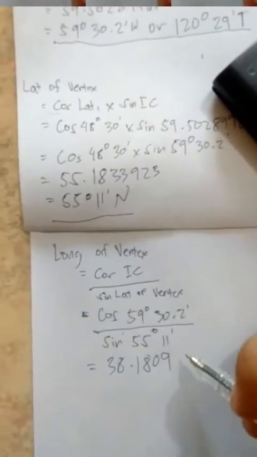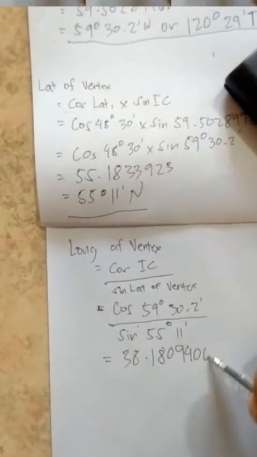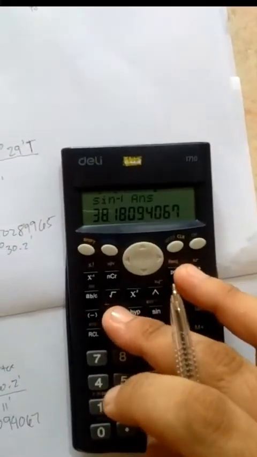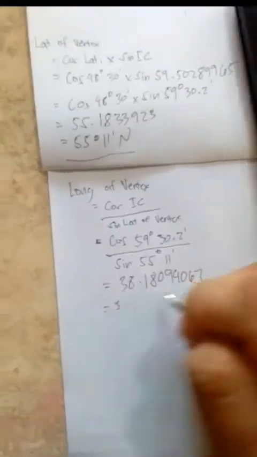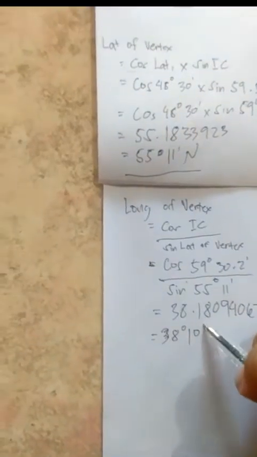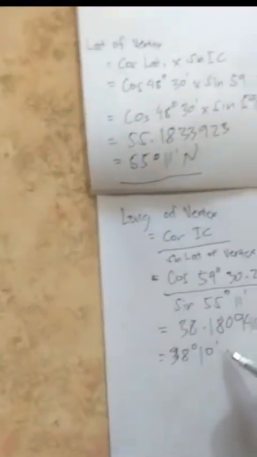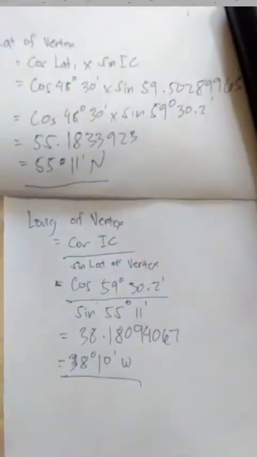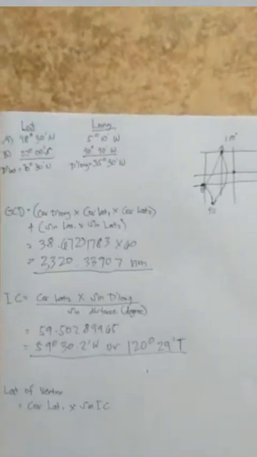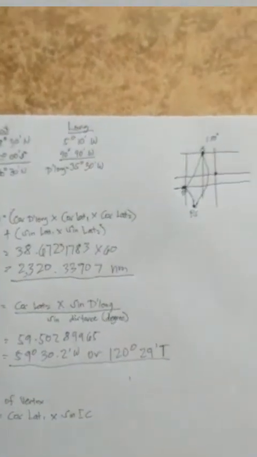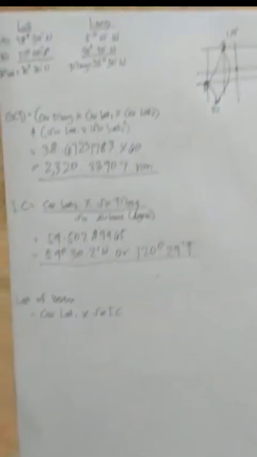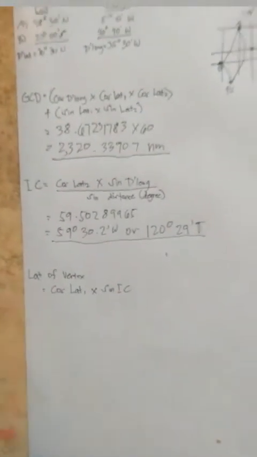Then we have to convert it to degree form: 38 degrees 10 minutes west. So this is my longitude of vertex. After getting the initial course, let's move to the vertex.